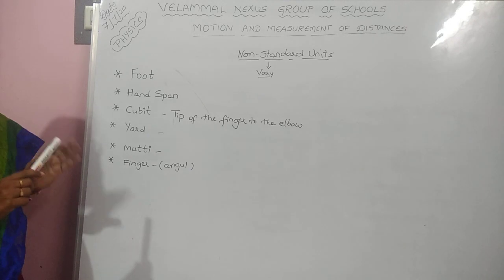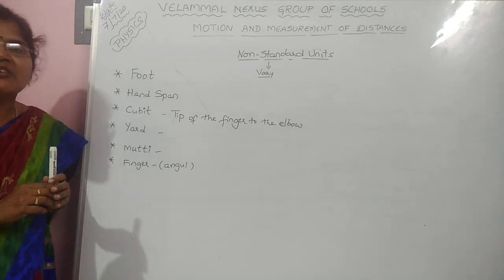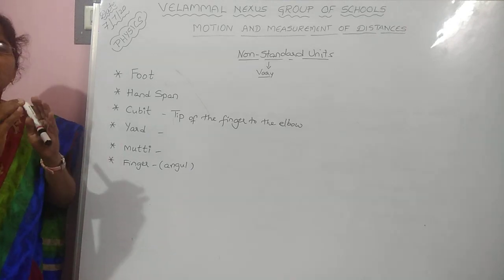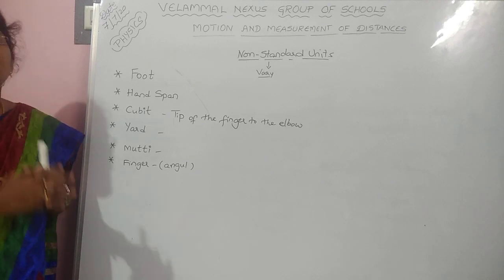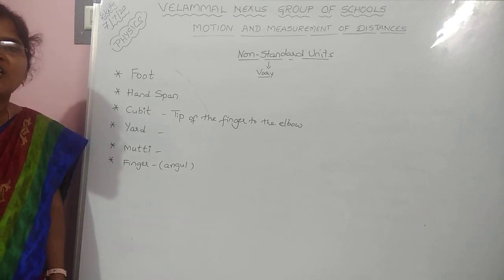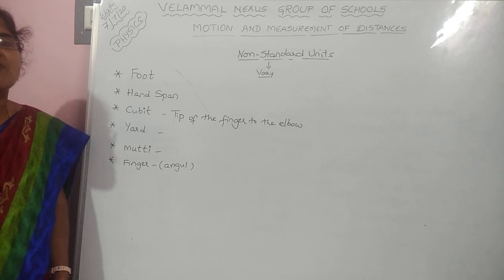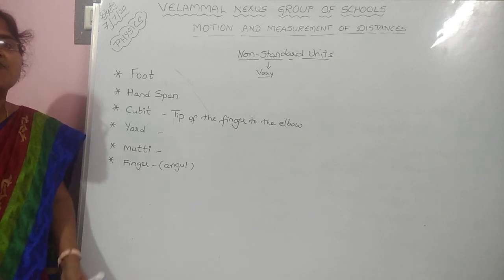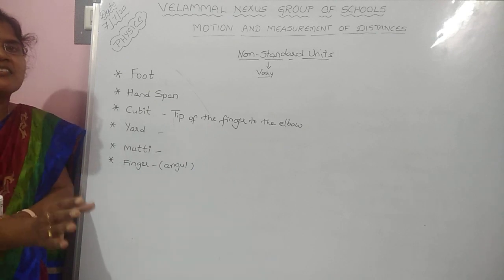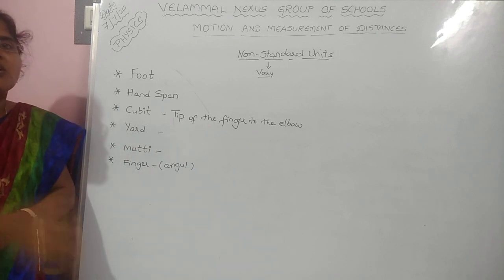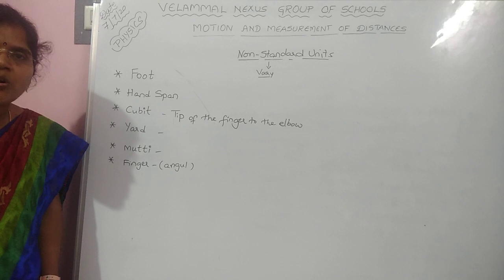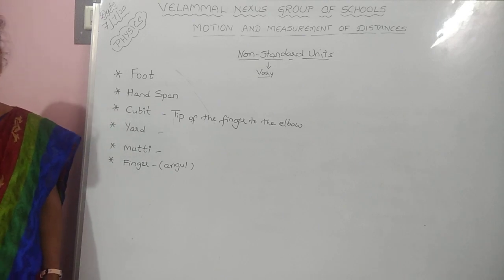Is it okay, children? Nowadays, can you tell me where one of the non-standard units is still in existence? Can you guess where you see non-standard units? Yes, the flower seller. The flower seller measures the flowers with the forearm, like this. So nowadays it is also in existence, children.